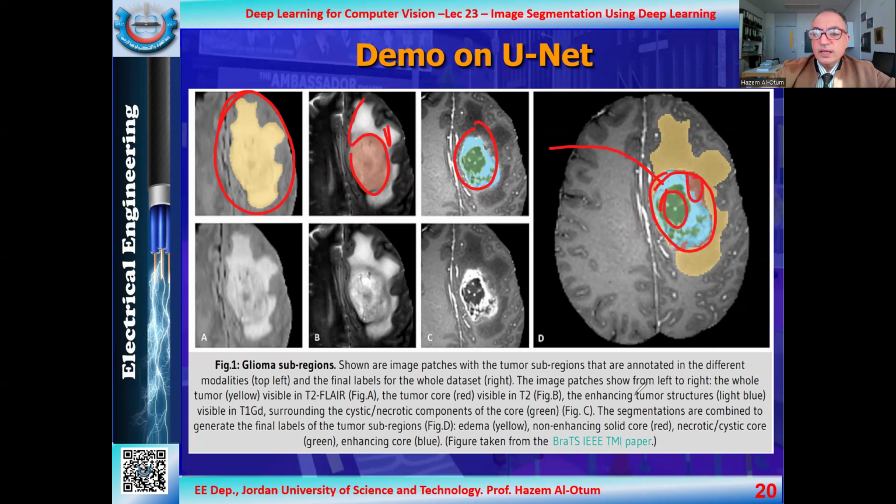As you see here, we have a lot of classes of the tumor tissue with different levels of problems. Here it's glioma subregions, and this will help the medical staff to work properly and specifically to deal with these problems, either by surgery, maybe, or by medications, etc.